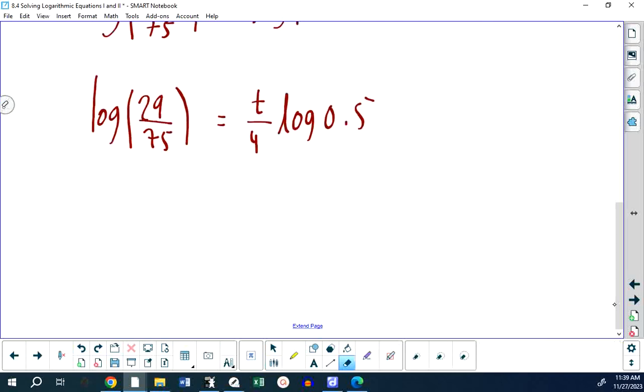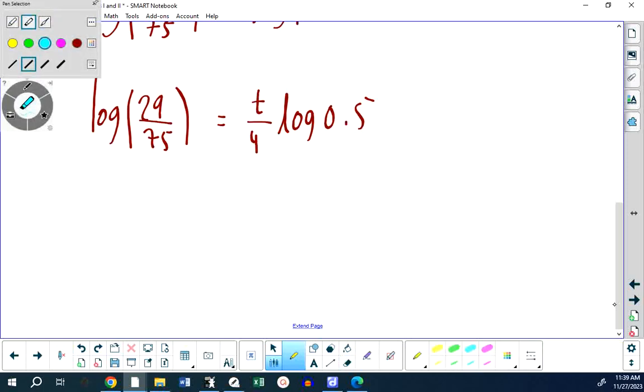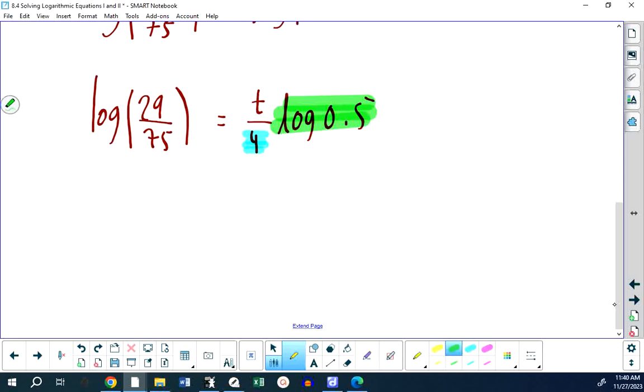Child's play from here, because the things that I'm going to highlight are just numbers crowding around the thing we want to find. So to get rid of the divided by 4, you're going to multiply by 4. To get rid of the log 0.5, you're going to divide by log 0.5.